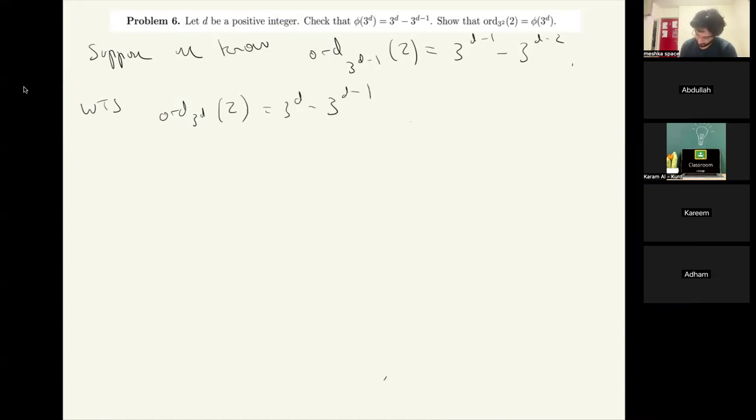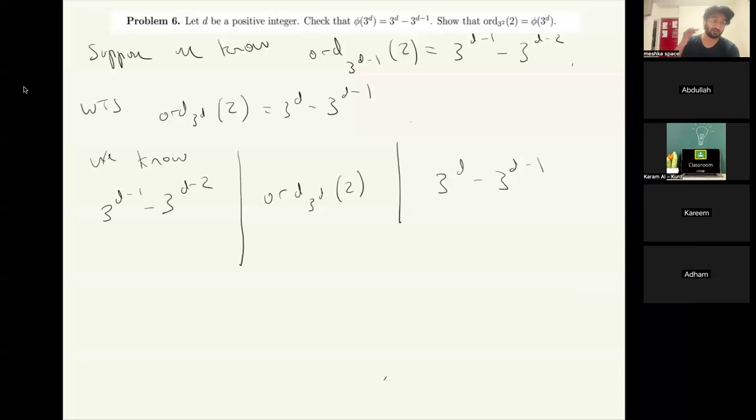By the same argument that we just gave, whatever this order is, it's a factor of the totient function, and it's divisible by the order of the previous one, so it's divisible by 3 to the d minus 1 minus 3 to the d minus 2, by the reduction argument you gave. This makes sense, yeah? Yes.